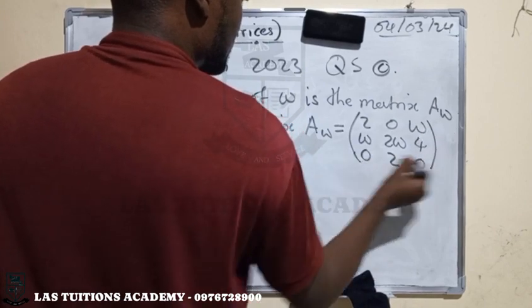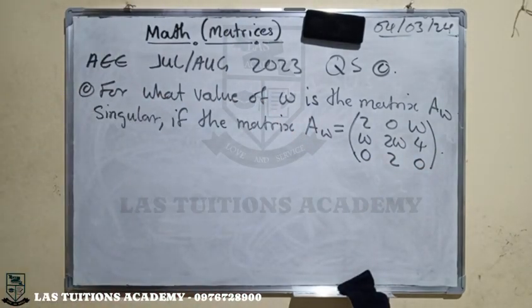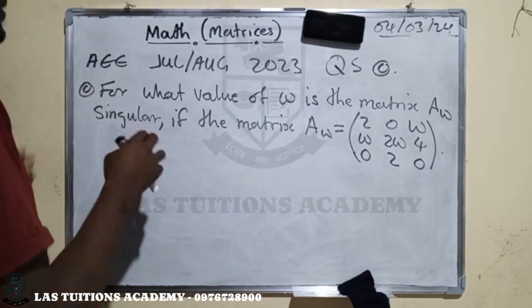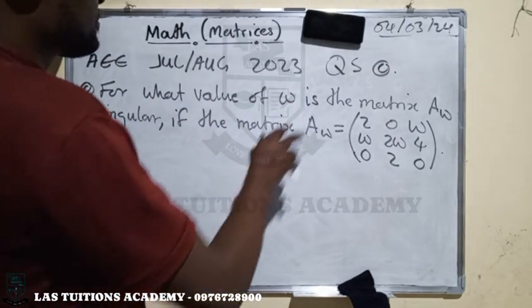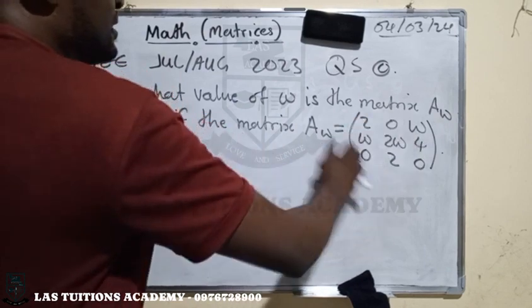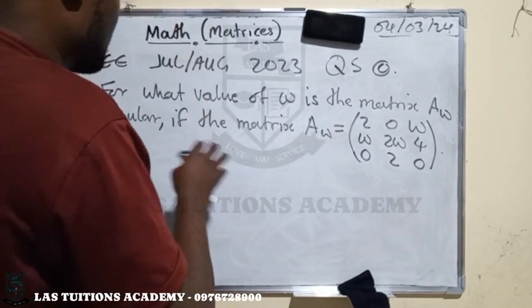So this is that matrix. Now we are asked to find the value of this variable, which will make this matrix become singular.